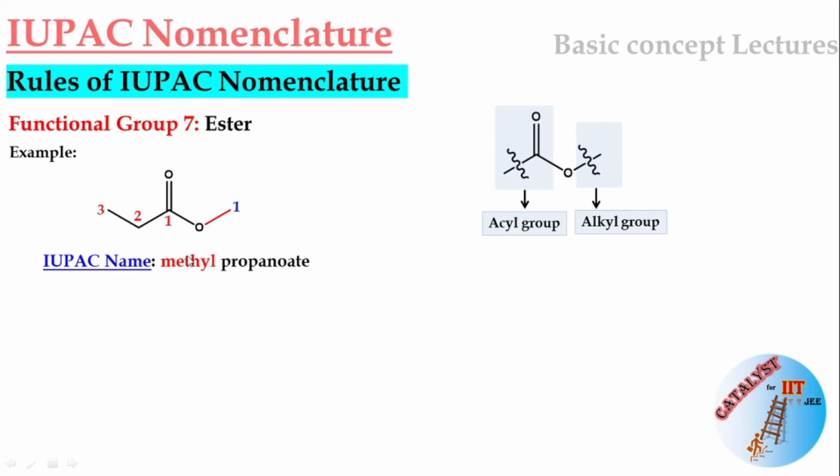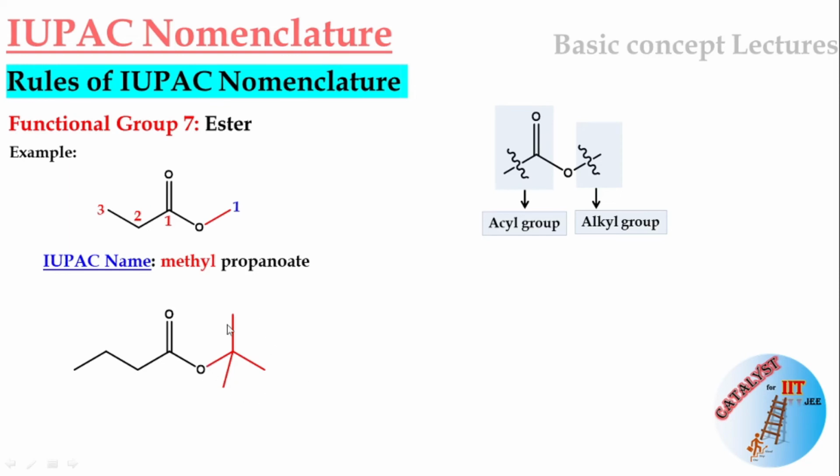So the correct IUPAC name is methyl propanoate, as you have to add the oate suffix while naming this ester. You have to add oate on this acyl group. Always you have to add oate while naming the acyl group.